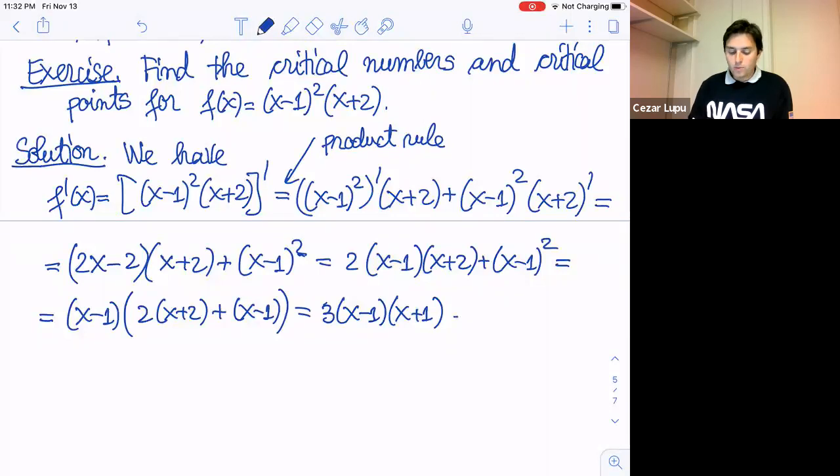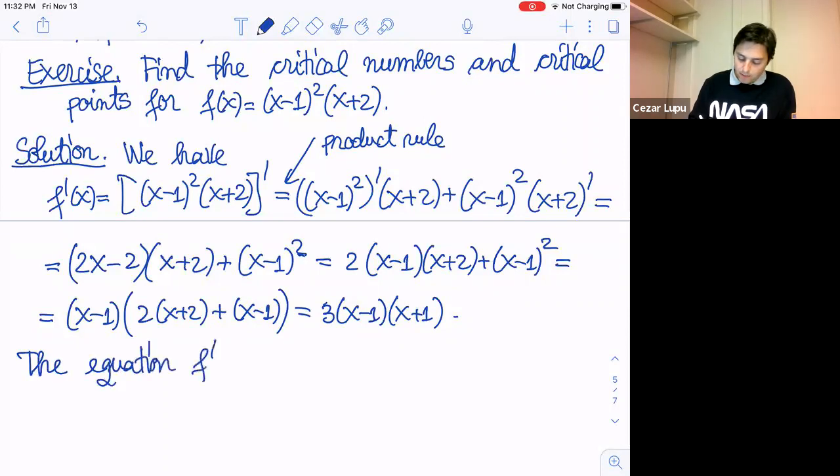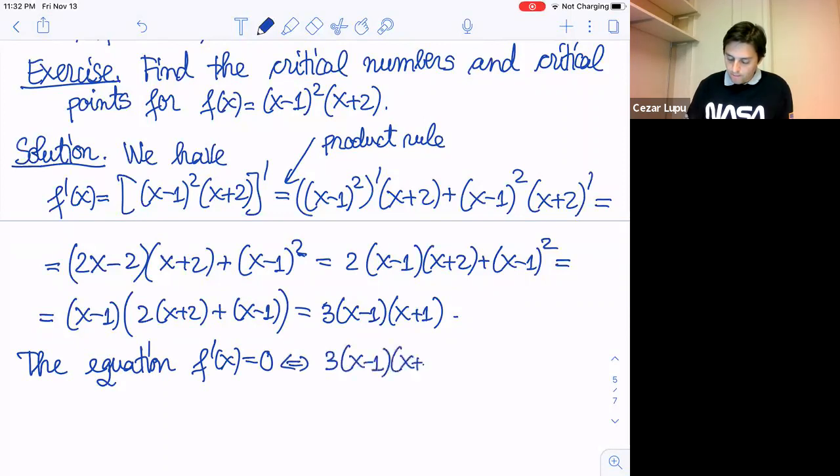And now, guess what? We will solve the equation f prime of x equals 0. So this equation is equivalent with 3 times x minus 1 times x plus 1 equals 0. So this equation has solutions.